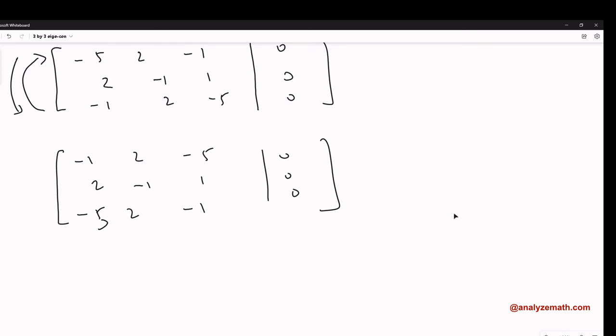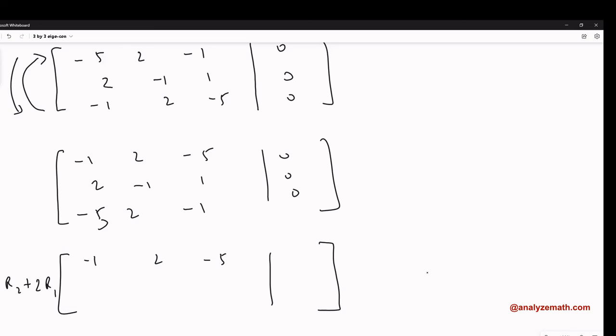Now the next thing we are going to do is to create 0 here and 1 here. So we do this by doing the following. Now we keep R1 as it is. Now we go to R2 and then we add to it twice R1. So R1 as it is.